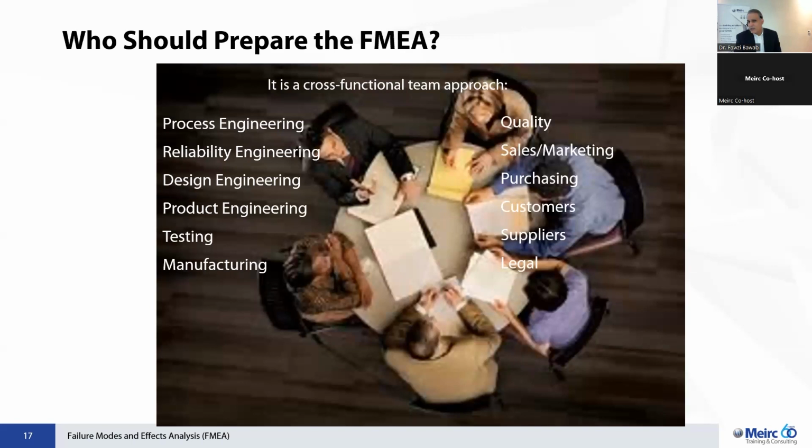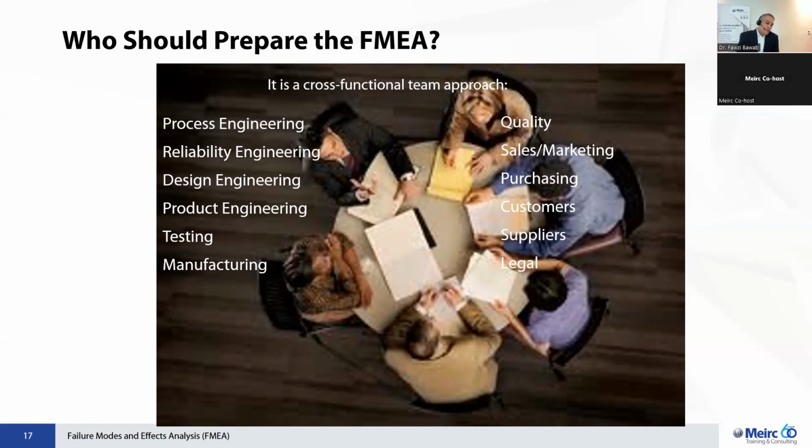Now, who usually is involved with the FMEA? It's a cross-functional team, of course, where we might engage people from different functions, sales and marketing, purchasing, even customers sometimes are invited to these sessions to try to understand what could be a risk from their point of view.